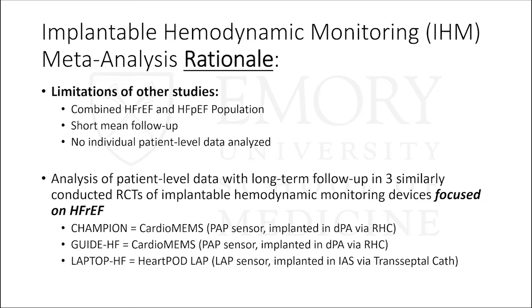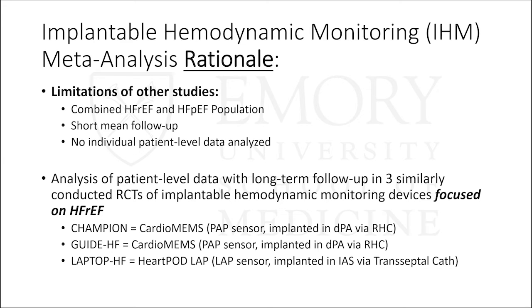So the authors for this meta-analysis wanted to focus on the population of patients that they felt would have the highest cardiovascular mortality, as other studies had combined heart failure with reduced ejection fraction and preserved ejection fraction. So they wanted to focus solely on the heart failure reduced ejection fraction, as rates of cardiovascular mortality are higher in that group.